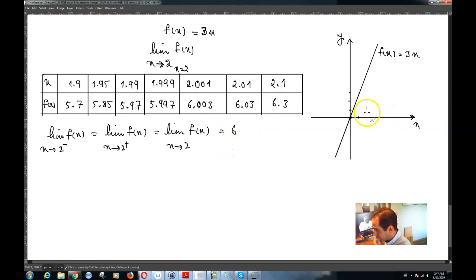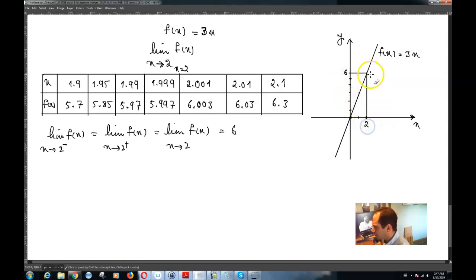And if you go over here and take a look at the output of the function at 2, we get to this point, 1, 2, 3, 4, 5, and 6.